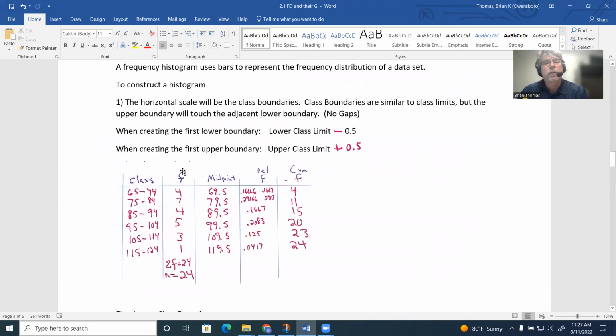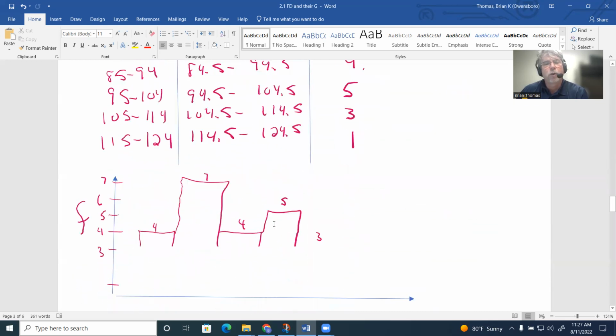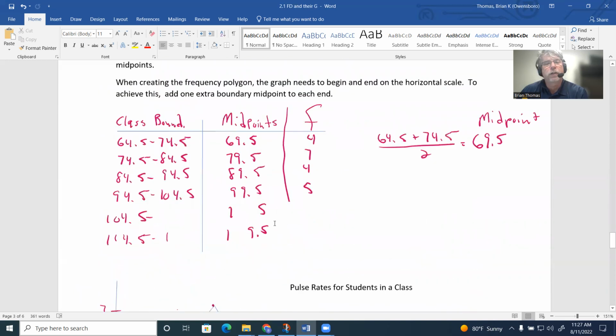So we're not using frequency, we're using relative frequency. We're using this data over here, relative frequency, not this data over here. So we have this 0.167, this 0.917. All this data I'm going to bring down to our relative frequency histogram.